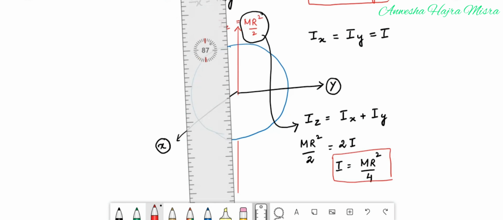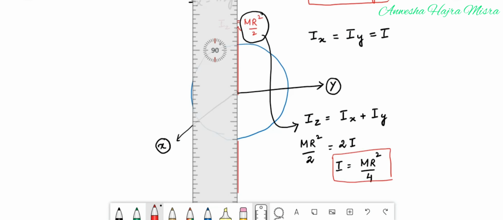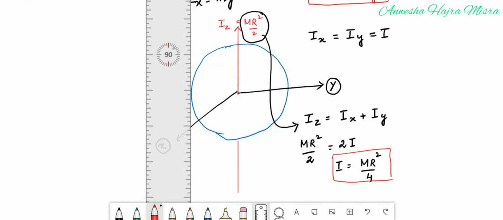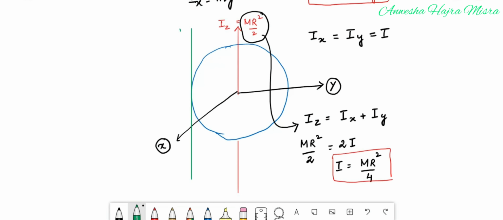Now suppose I ask you, what is the moment of inertia of this disk about this axis which is parallel to the z axis and passing through one edge? What is the moment of inertia about this axis CD? Now in this case, we have to use the parallel axis theorem, where h is the distance of the parallel axis from the known axis.